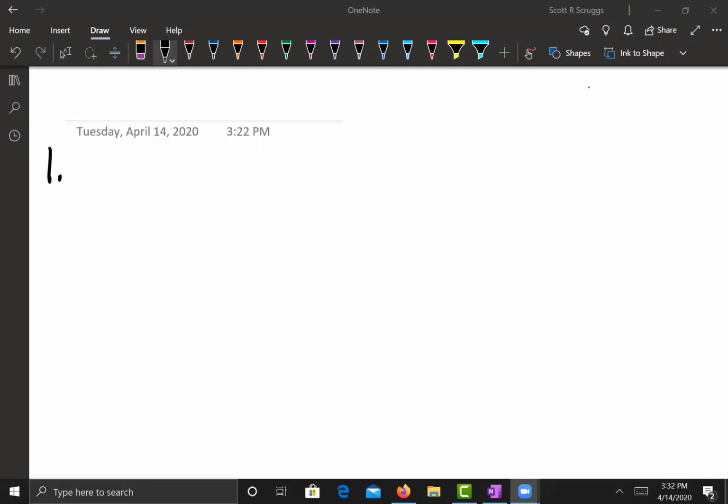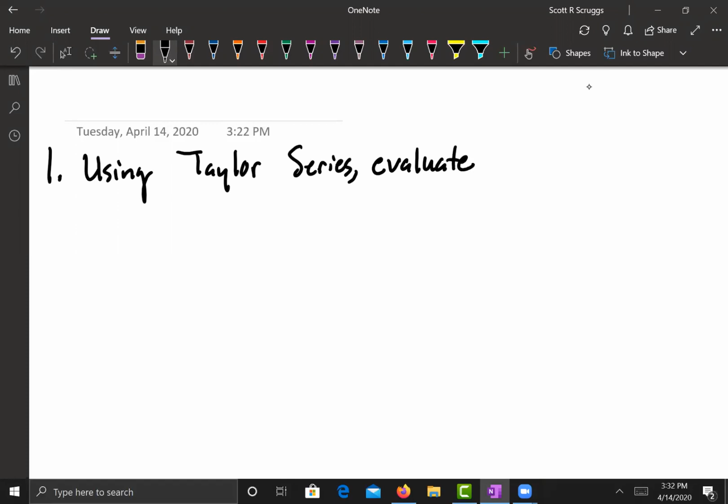Yep. Okay. Well, back on tangent. Let's do this problem. So it's going to be taking a limit, but the catch is we will restrict by using Taylor series to evaluate the guy. And it'll be the limit.